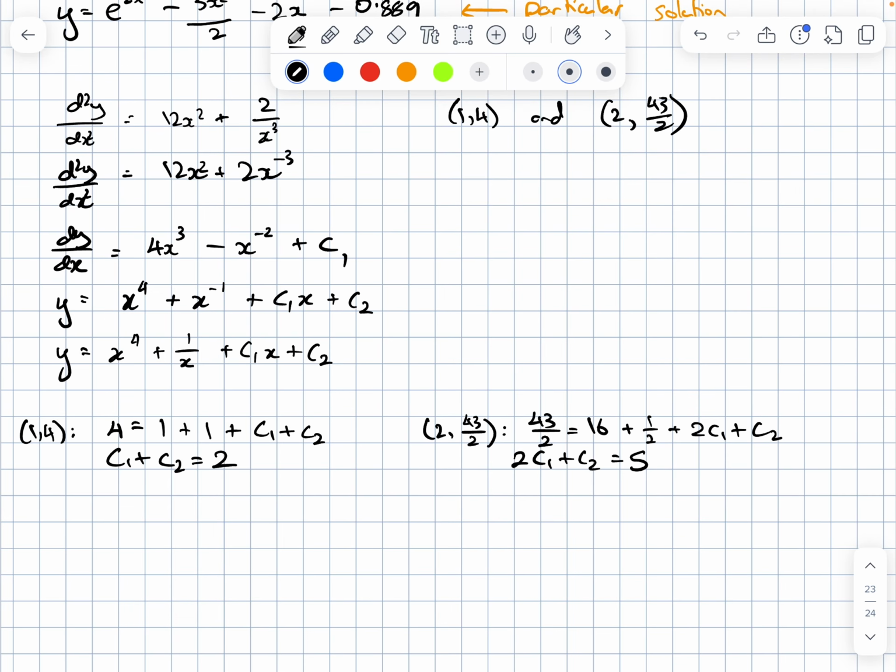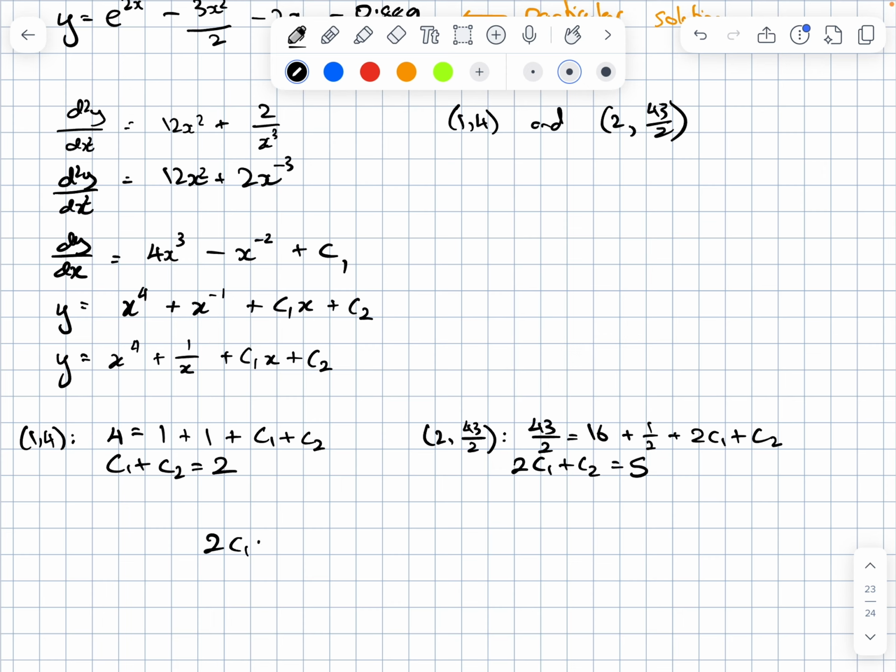Now we have two equations with two unknowns. We can put them on top of each other. We have 2c1 plus c2 equals 5, and c1 plus c2 equals 2.